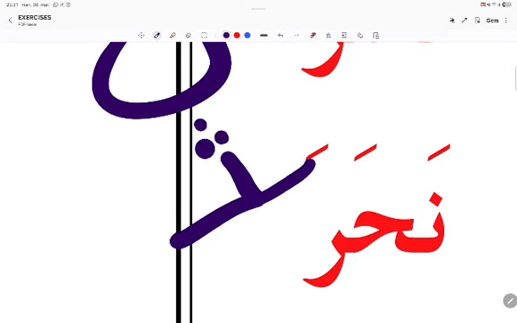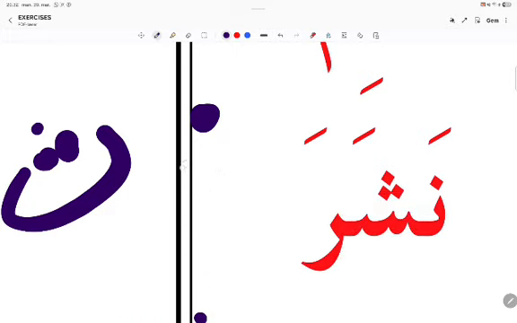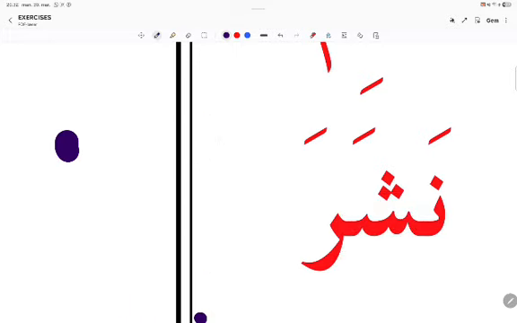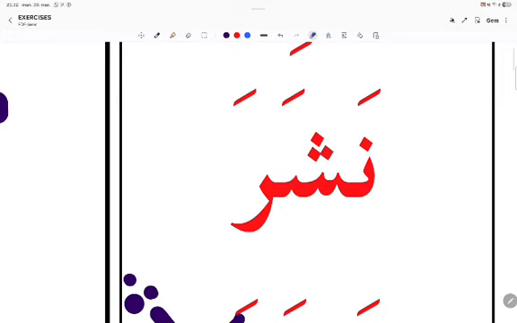So it can look like this when it's Tha. But here you see all the three tacks. So this is Shin. Shin, Fatha, Sha. And then Ra, Fatha, Ra. Na, Sha, Ra. Na, Sha, Ra.